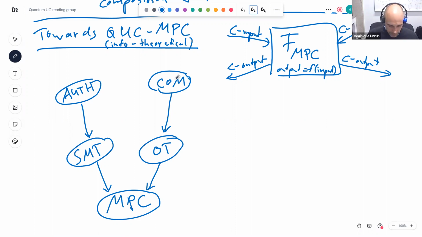Dominique, are you talking about passive or malicious MPC? Yeah, malicious. Everything I'm saying is malicious. Right. So would it be easier for honest but curious, or it doesn't matter? Honest but curious is almost undefinable in the quantum setting, because honest but curious says that you are looking at the messages, but you're not changing them.